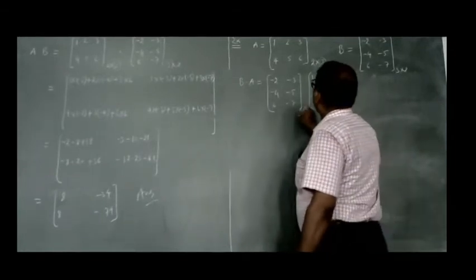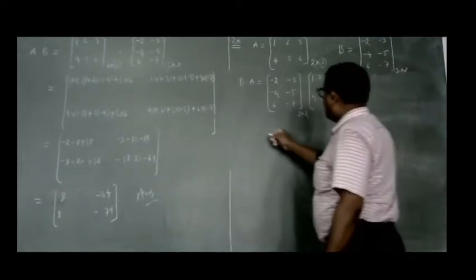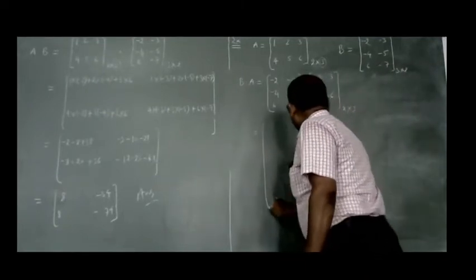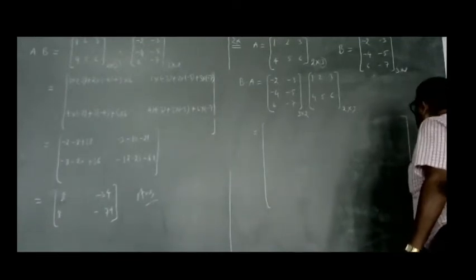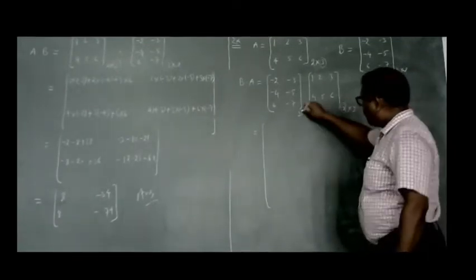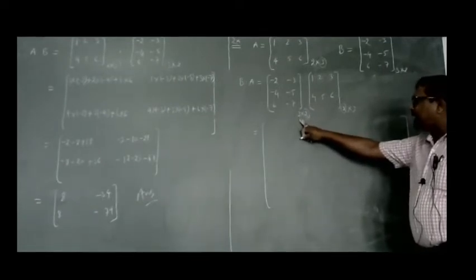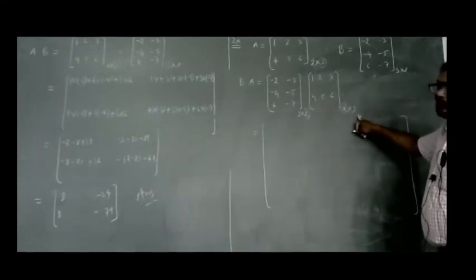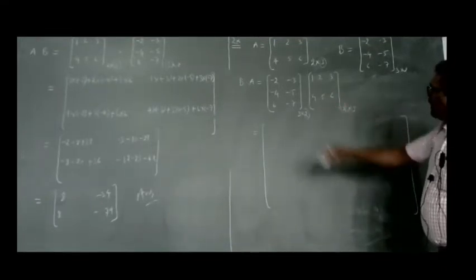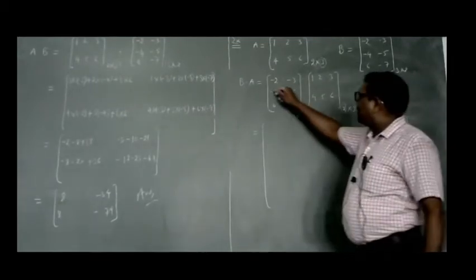This is of 3 cross 2. This is of 2 cross 3. You will get a matrix of 3 cross 3, because the number of rows of the pre-multiplier into the number of columns of the post-multiplier will be the resulting product. Now let us come to the procedure of the row-column multiplication method.